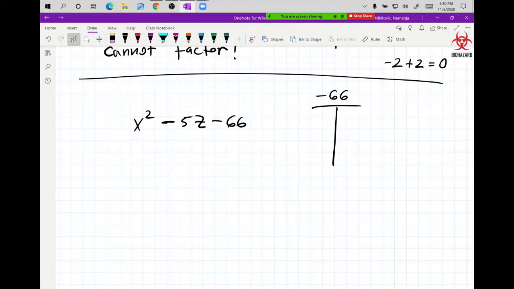It is 1 and 66, perfect. 2 and 33, 6 and 11. Well, we have 3 and 22. Oops. Yep, that's okay. 3 and 22, 4 doesn't work, 5 doesn't work, and 6 and 11. Okay. Now, would any of these make a 5? Negative 5?